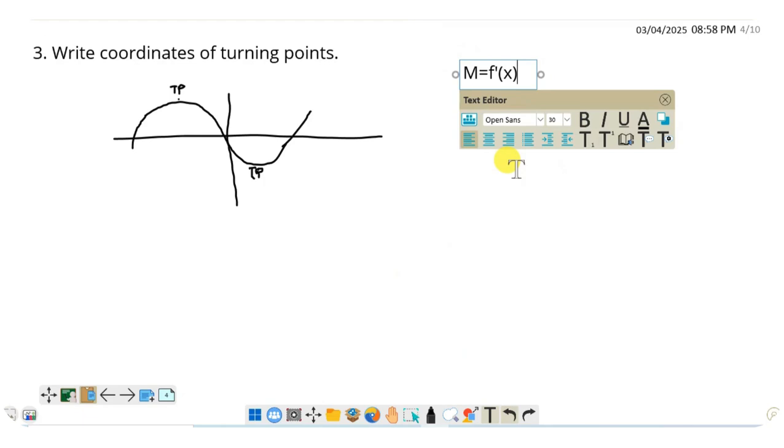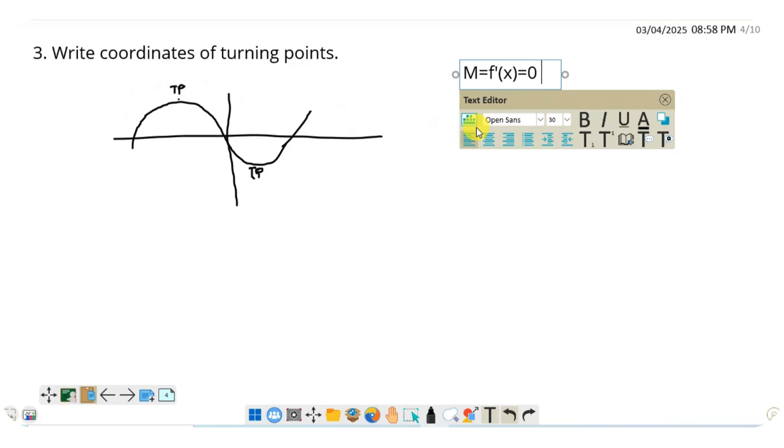It has to be equal to 0 because the gradient of the tangent line at a turning point is 0.